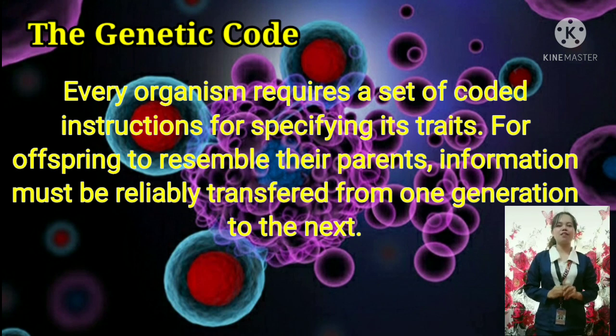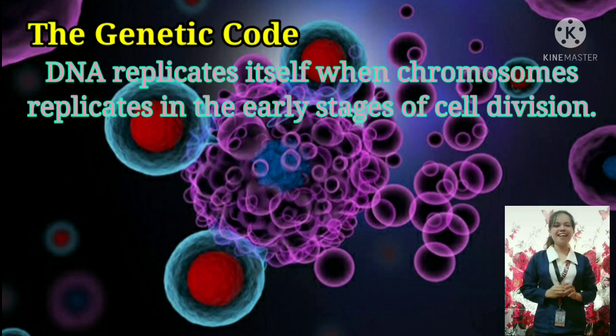In discoveries in genetic science, deoxyribonucleic acid, or DNA, was revealed to be the chemically active agent of the gene. DNA replicates itself when chromosomes replicate in the early stages of cell division. DNA is passed from generation to generation during reproduction and acts as genetic factors.